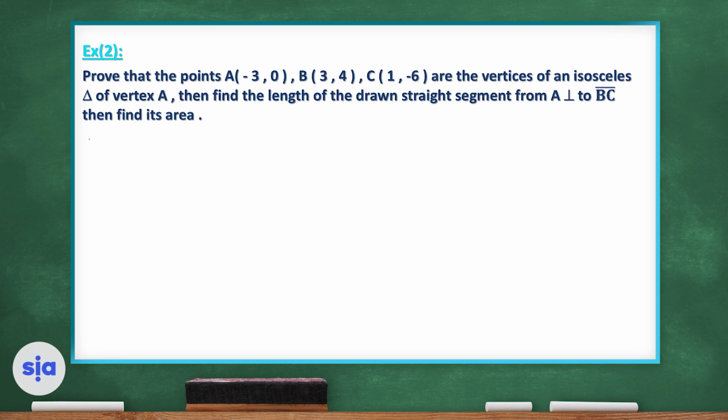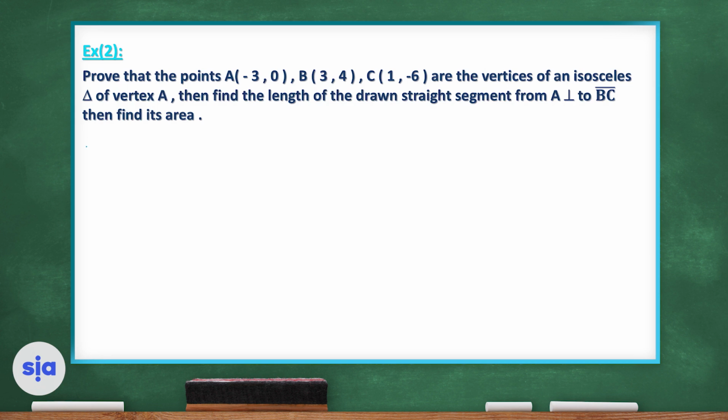Now let's move on to the second part of the question. The question here is asking us to find the length of the drawn straight segment from A that is perpendicular to BC. For sure, when the perpendicular line from the vertex goes to BC in an isosceles triangle, it intersects BC at its midpoint because it bisects BC.